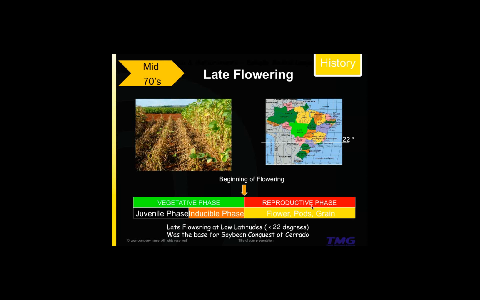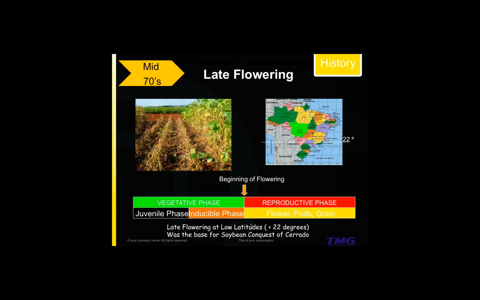So all the work was done with determinate types in Brazil. The other thing that is interesting to mention is that all the work was done here in Londrina under parallel 23, just under the Tropic of Capricorn.